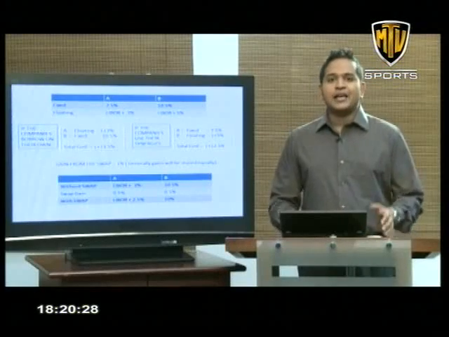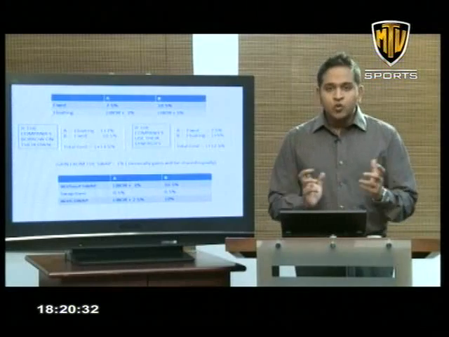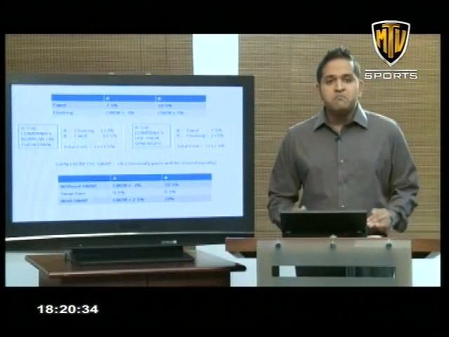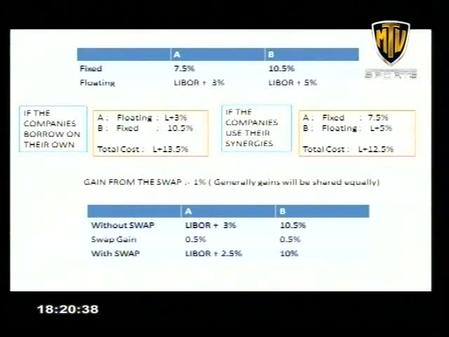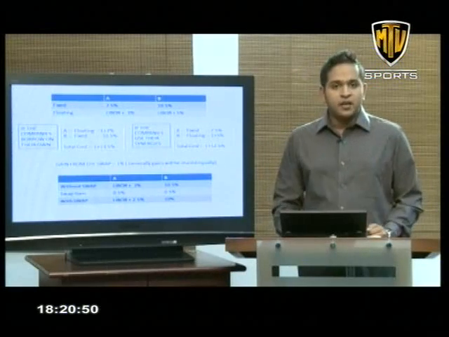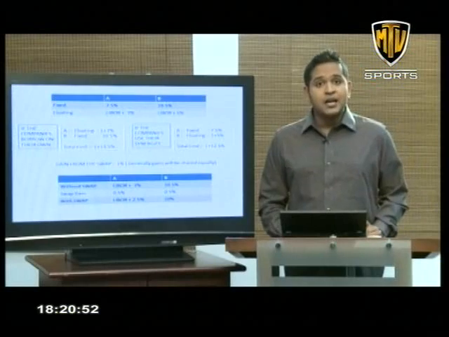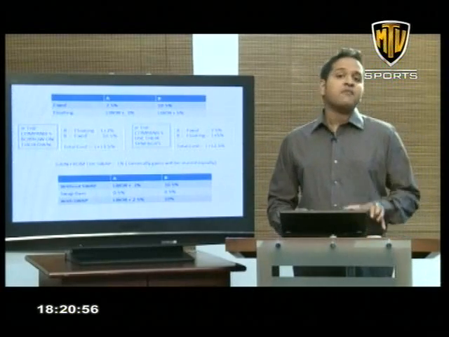But now there's a swap happening, you borrow the other way around, you could get a gain of 0.5, meaning they should finally end up at 0.5 less than what they could have got if they had gone on their own. That's the argument. So without the swap, A would have ended up at L plus 3, B would have gone for 10.5, but with the swap they should get a 0.5 benefit for both of them. So they should end up at L plus 2.5 and 10% after the swap is done.